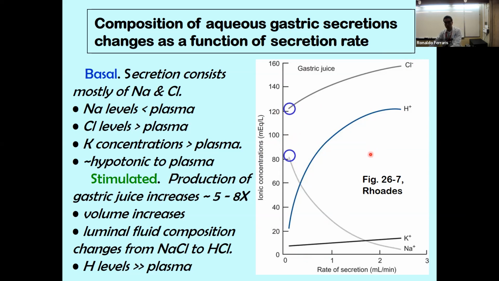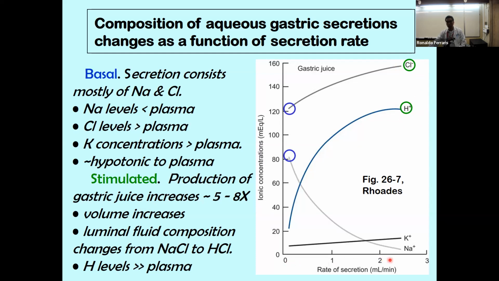So this is your basal secretion, and then you reward yourself for learning GI physiology with the ice cream in the cafeteria, and nuts and donuts, whatever they have there, and you secrete hydrochloric acid. And this is the stimulated portion.